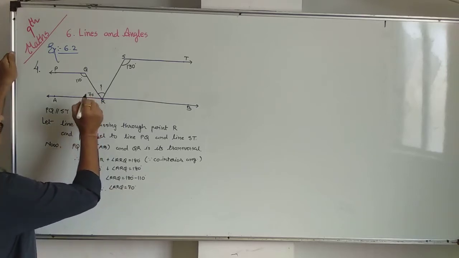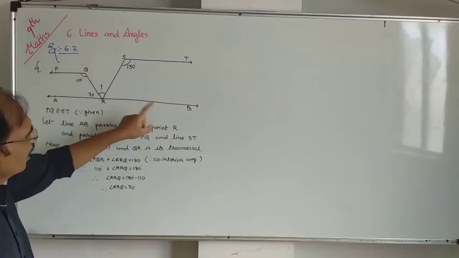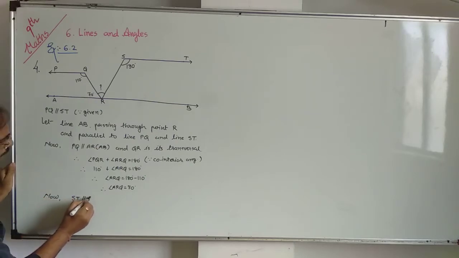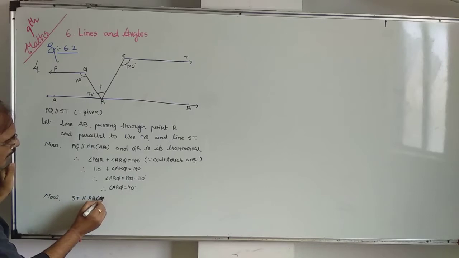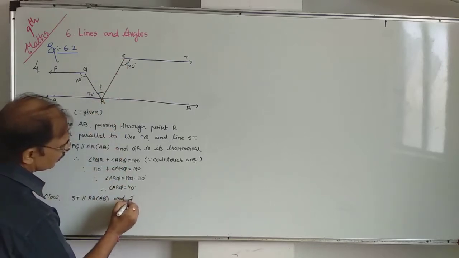This angle is now 70. Similarly, ST is parallel to RB, and RB means AB. Let SR be its transversal.